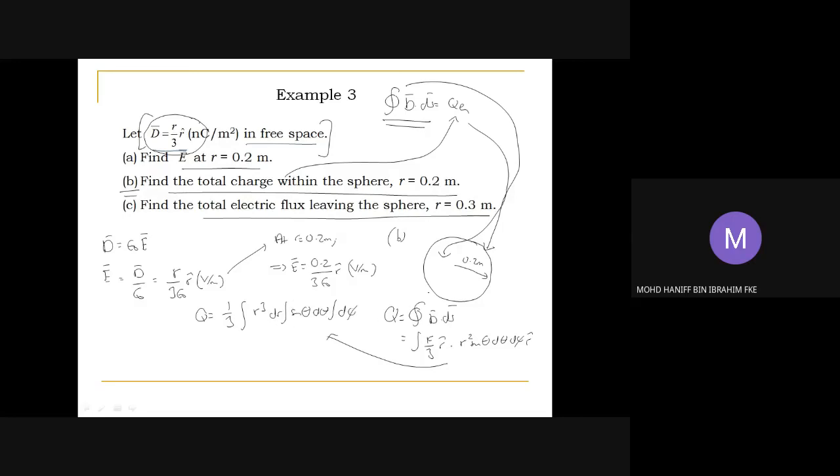We know that this particular sphere has a radius of 0.2, so we integrate r from 0 to 0.2. Theta is a full sphere, so 0 to pi, and phi will be 0 to 2 pi. Proceeding with this, we have r power of 4 divided by 4 from 0 to 0.2, and then 4 pi divided by 3.